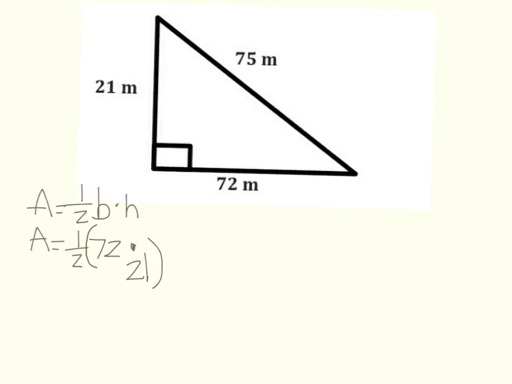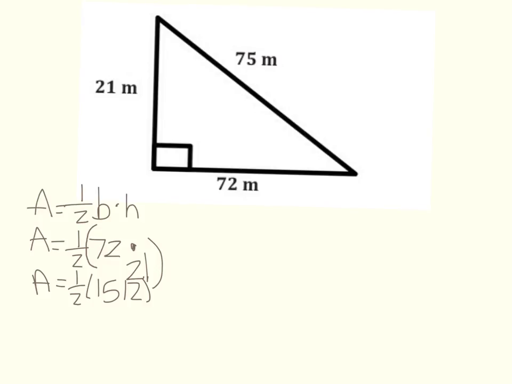The first thing we're going to do is multiply 72 times 21, and that would equal 1,512. So now area equals 1/2 of 1,512.